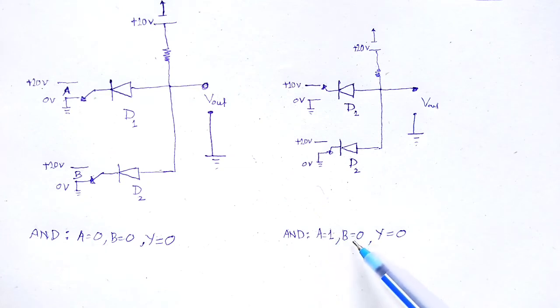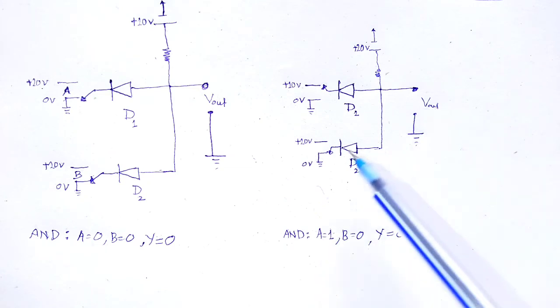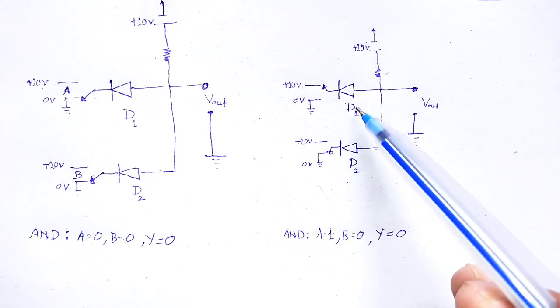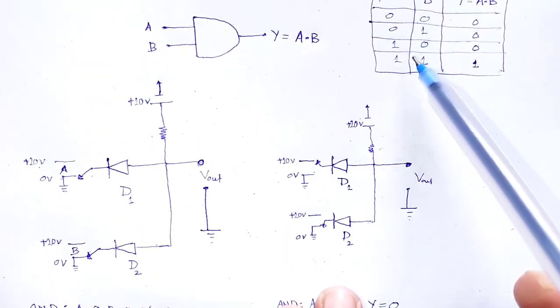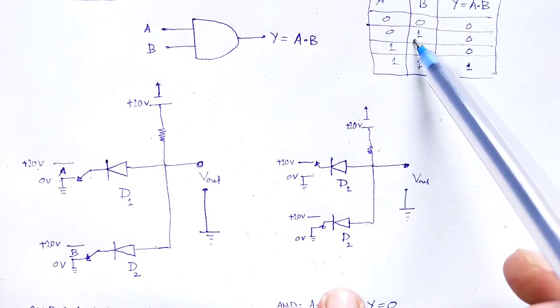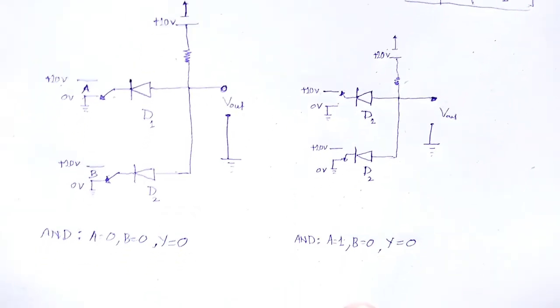When A is equal to 1, B is equal to 0, so V output is 0. In the reverse manner, when A is equal to 0 and B is equal to 1, also the output will be 0.